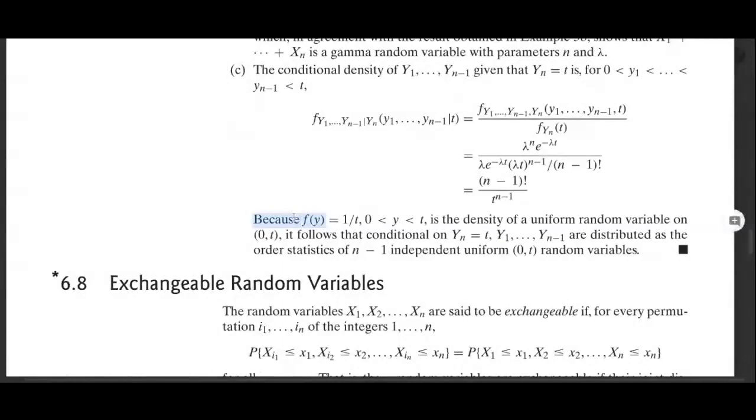And because the density 1 over t is the density of a uniform random variable on 0 to t, it follows that conditional on yn equals t, y1 up to yn minus 1 are distributed as the order statistics of n minus 1 independent uniform random variables.